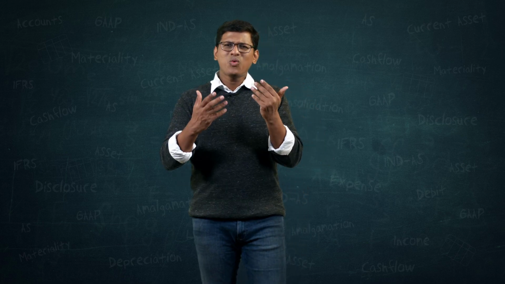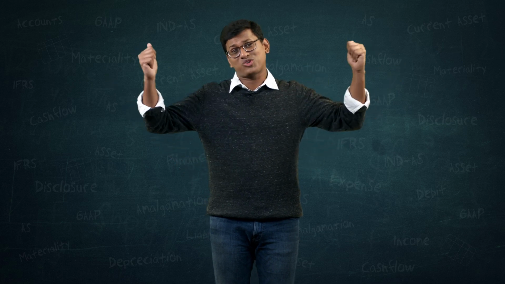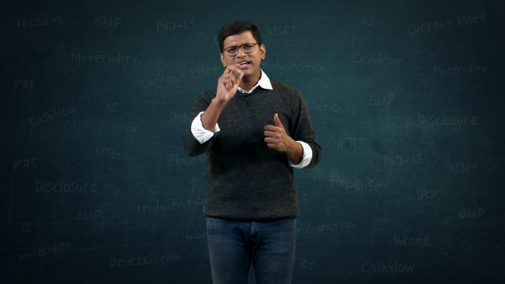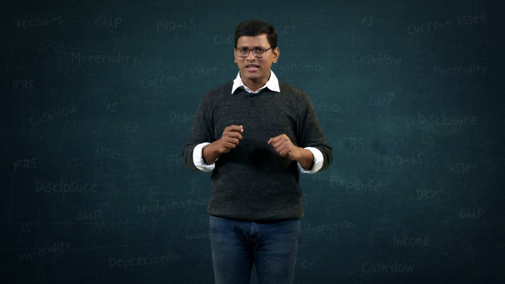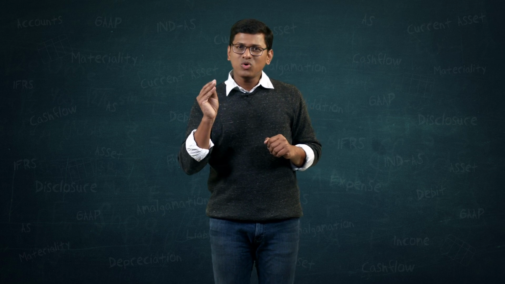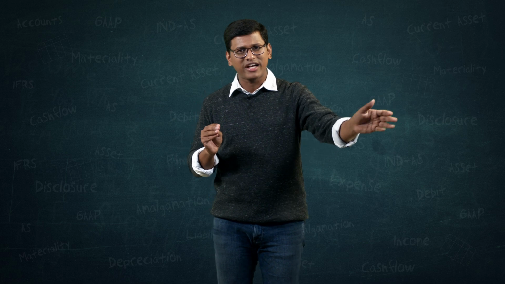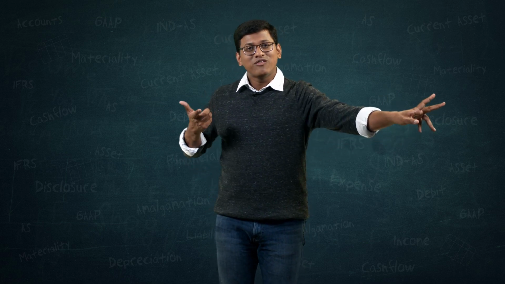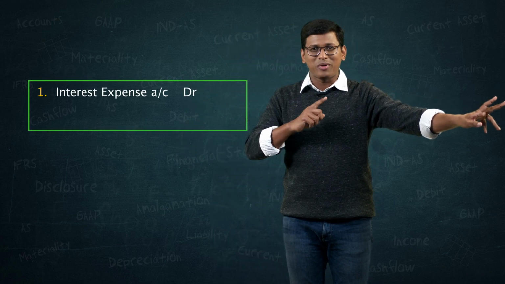Okay, but what is so special about borrowing cost for an accounting standard to be issued on that? Friends, if there is an interest expense, what journal entry do we pass? One account will be debited, another account will be credited. Interest is an expense. If that amount of interest is paid, cash will go out, right? So cash or bank will be credited, and the interest expense account will be debited.